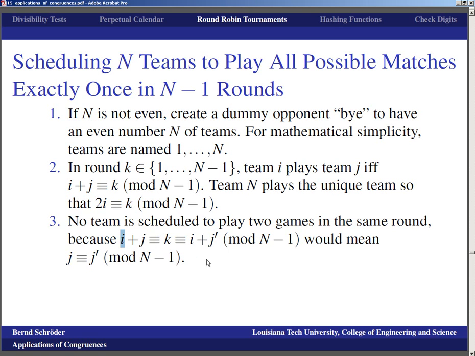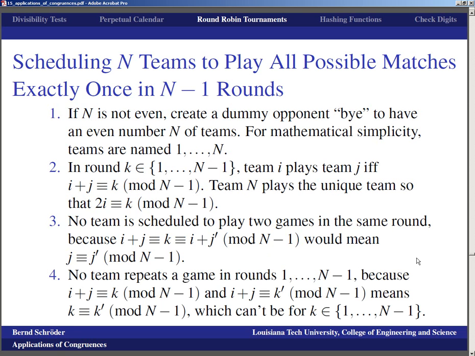That does not work out. J, your opponent, has to be unique modulo n-1, and we do have unique opponents modulo n-1, because then the team that is named n could also be named team 0. But of course, who would want their team to be named team 0? You want to be number 1 in sports, not number 0.